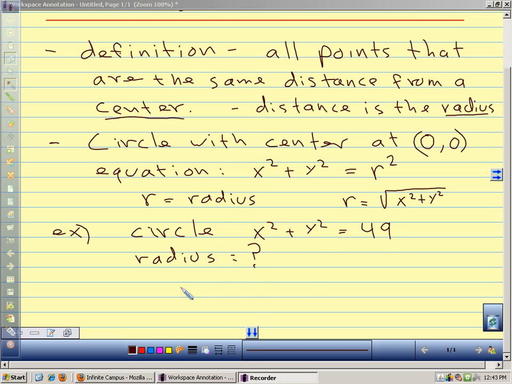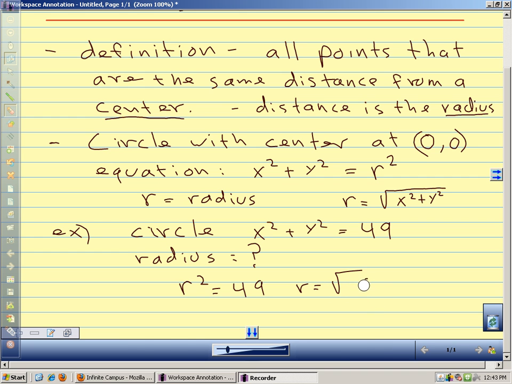So from our equation, r squared equals 49. So r is the square root of 49, or 7. So when we have the equation of a circle, to find the radius, all we have to do is take the square root of this number, and that gives us our radius. And when our center is at 0, 0, that makes it nice and easy.